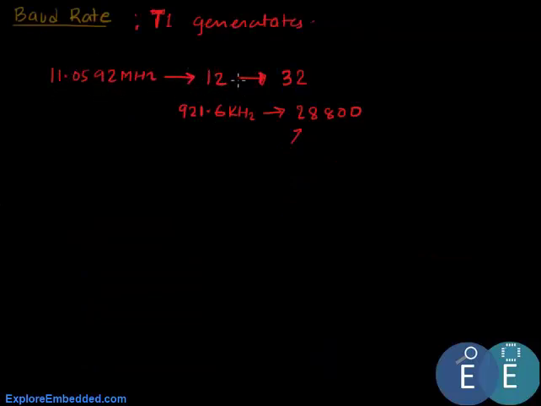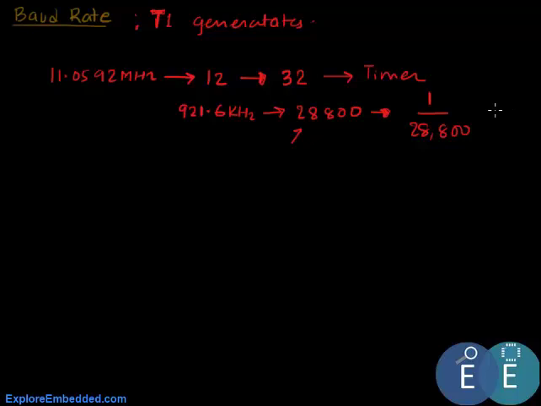First the controller divides it by 12, then the UART unit divides it by 32, and then it goes to the timer. If you remember our discussion on timers, if this is the frequency the timer uses, then the timer increments by 1 at this frequency, 28,800.